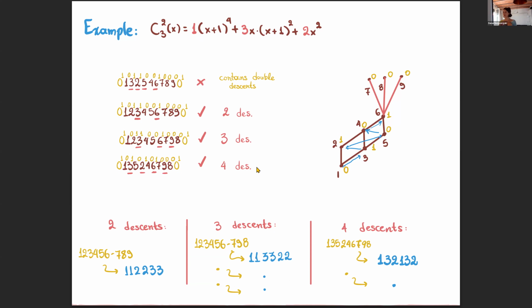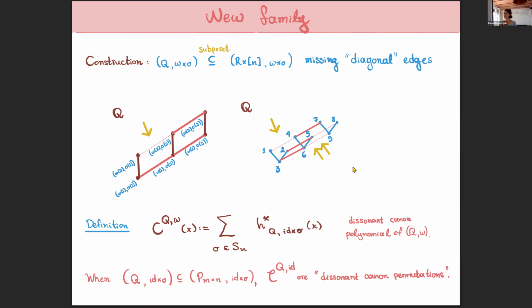And similarly, I can find 3 permutations that contribute to 3 and 2 permutations for the last coefficient, just by looking at the linear extensions of that moose poset. Great, so hopefully this gives you a taste of what's happening here.